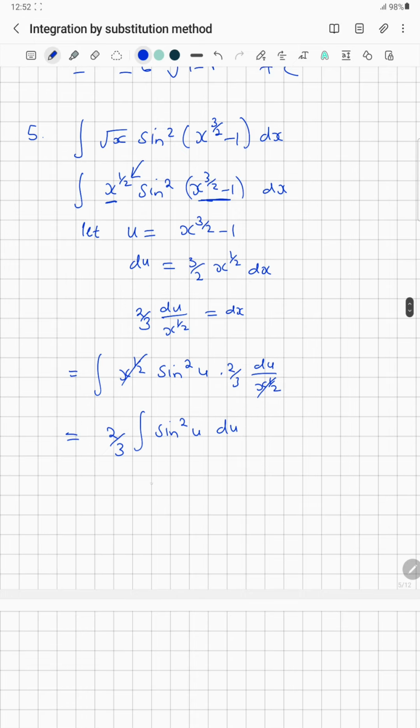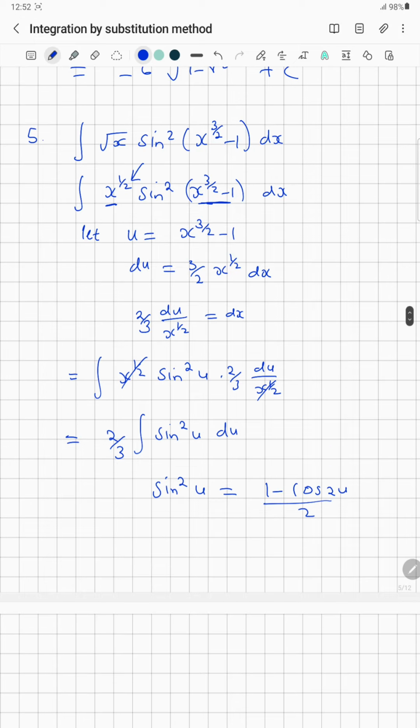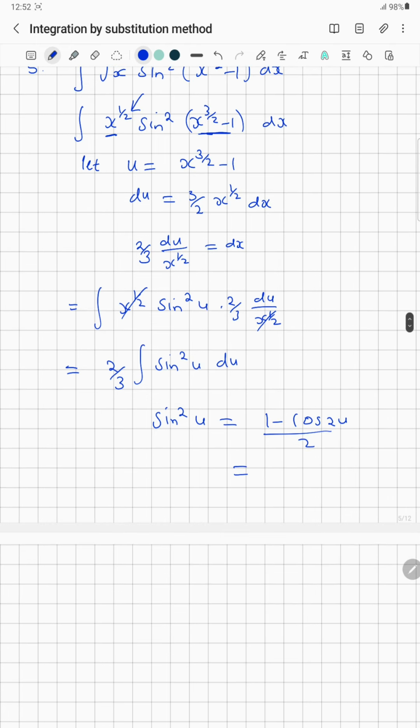Now sine squared of u, remember it can be written as 1 minus cos 2u over 2. Remember we can write it that way, so this one is the same as a half minus a half cos of 2u, this expansion here. So we can replace it that way so that we can do integration.